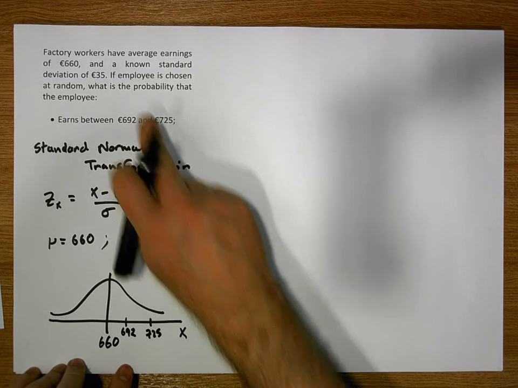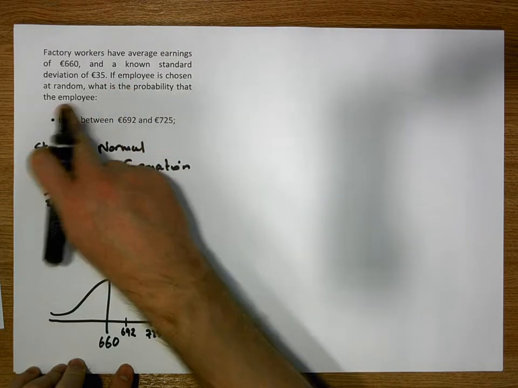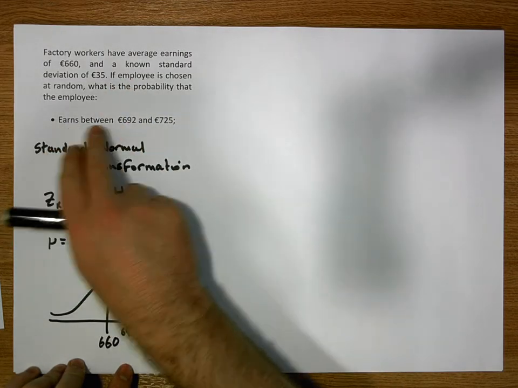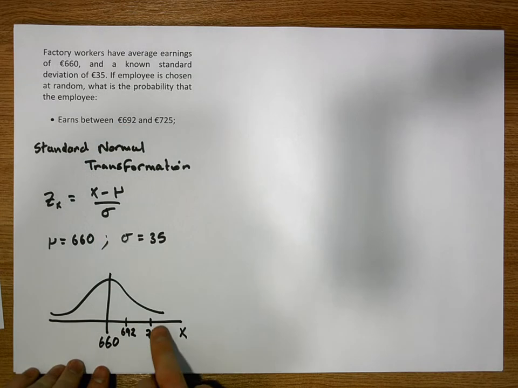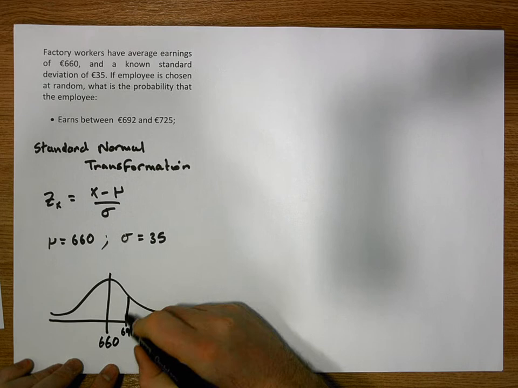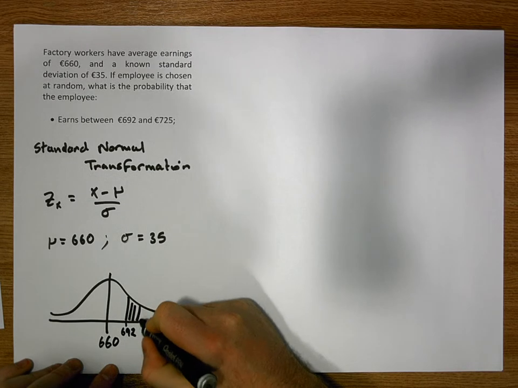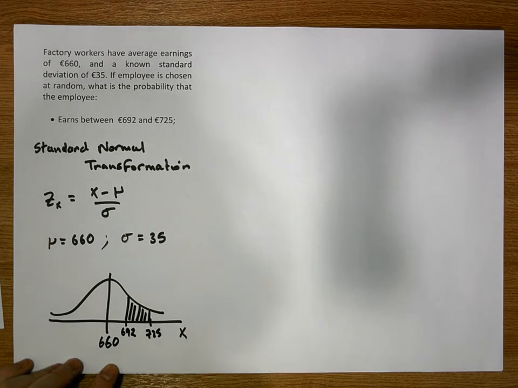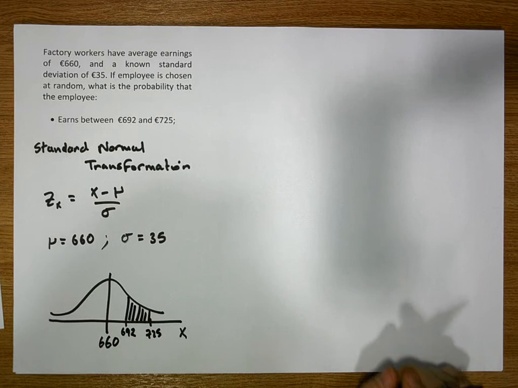Now what we're interested in is, what's the probability that the employee selected at random earns between 692 and 725? This basically equates to a question that's asking us, what is the area under the curve between those two values, 692 and 725?